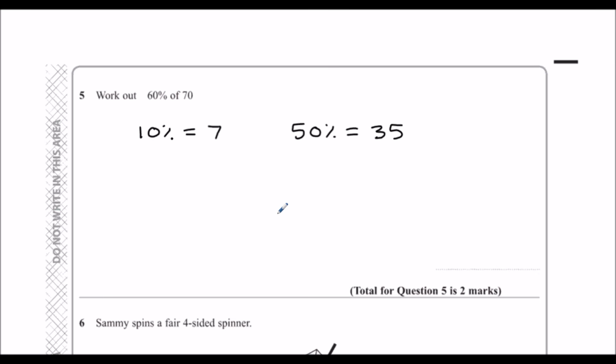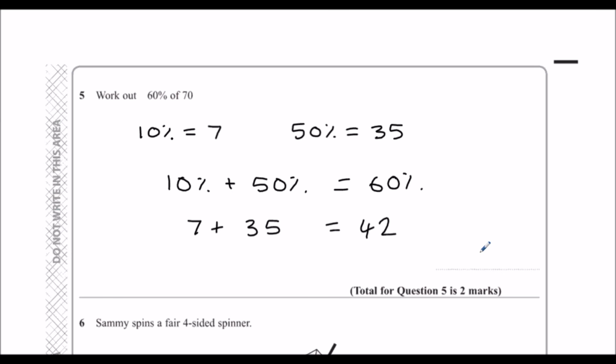So if I want 60%, I'm going to take my 10% and add it on to my 50%, and that will give me 60%. So 7 plus 35 is 42, and that is 60% of 70.